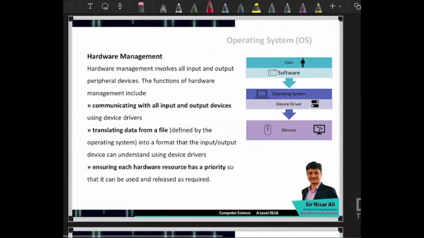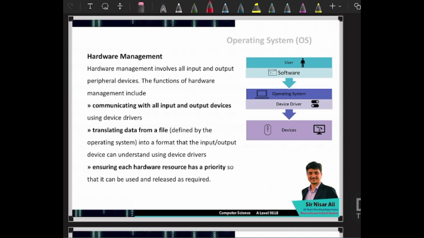Hardware management involves all input and output peripheral devices. Basically, the operating system is responsible for interacting with all the peripherals like the printer, mouse, keyboard, scanners, mic, cameras, whatsoever. It interacts with these devices with the help of device drivers.